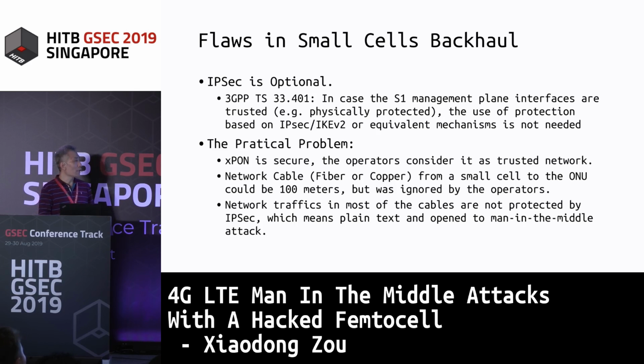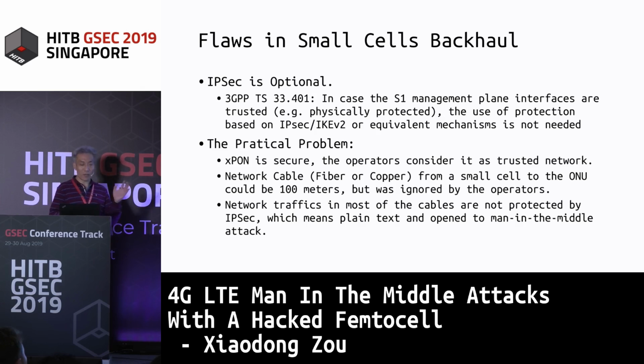And the network cable, either fiber or copper, from the small cell to the ONU, which could be 100 meters long, was just ignored by the operators.